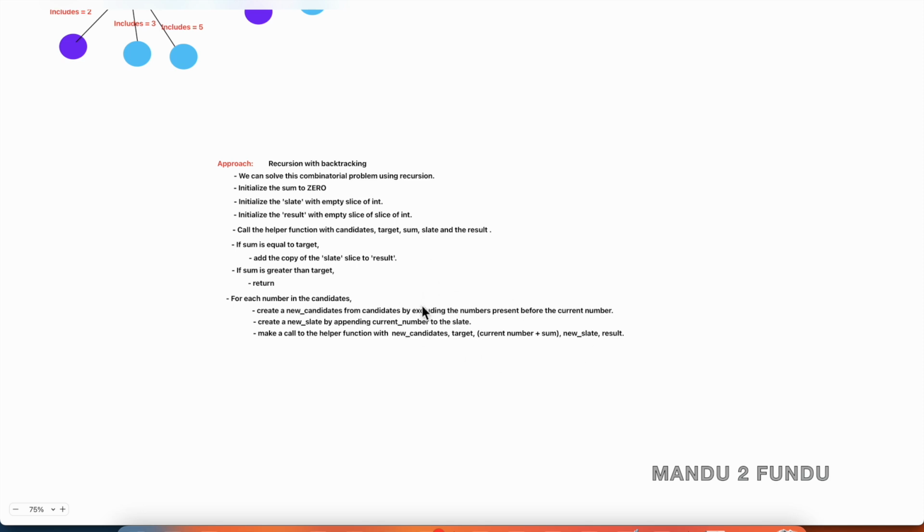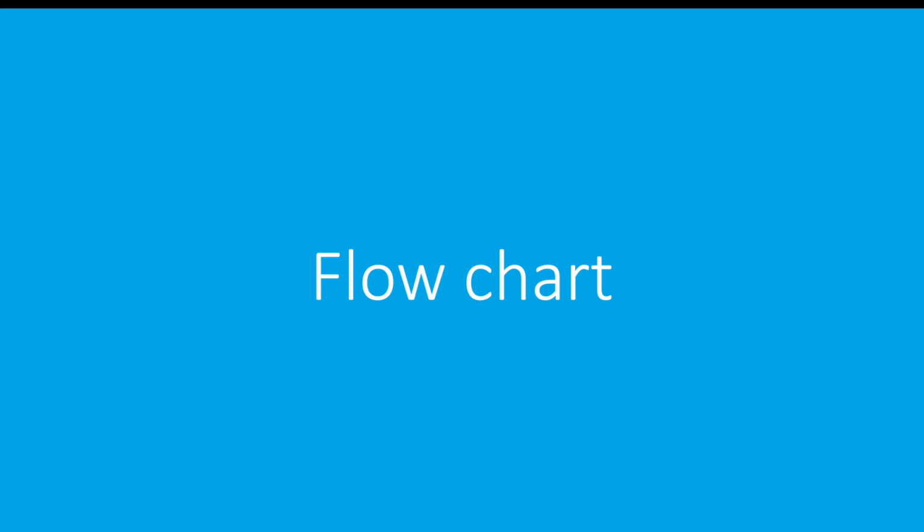We do this recursively. At the end we have all the combinations which add up to the given target value. Let's take a look at the flowchart.